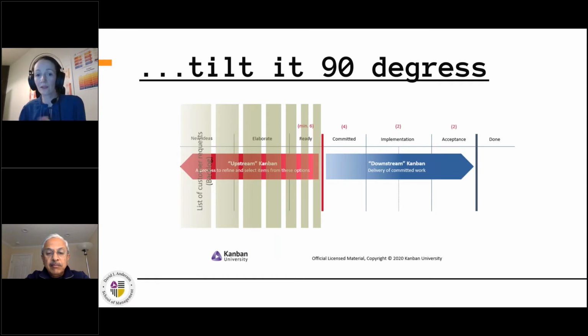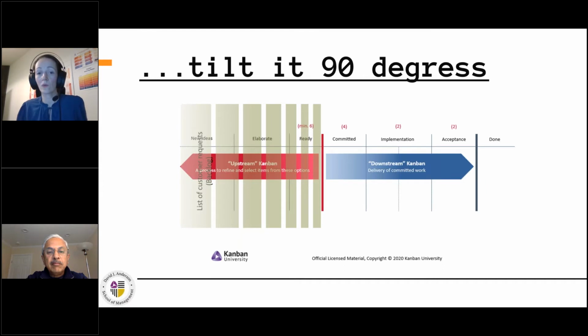So I guess that you may know it, but just for the records, a commitment point is the moment when both sides, so upstream discovery Kanban and downstream delivery Kanban, commit. On one hand, the upstream system says, we know what it is, we understand this request, we know that we want you to deliver it for us.